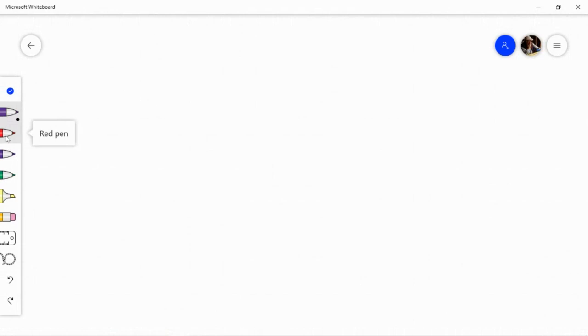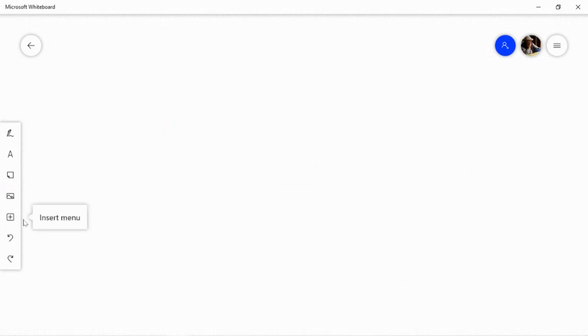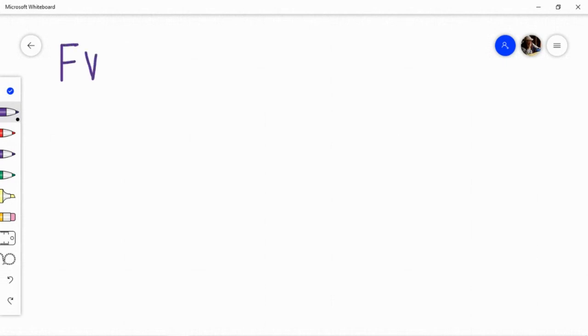We already got started on compounding, and so we know that the future value is P times (1 plus r) raised to n.